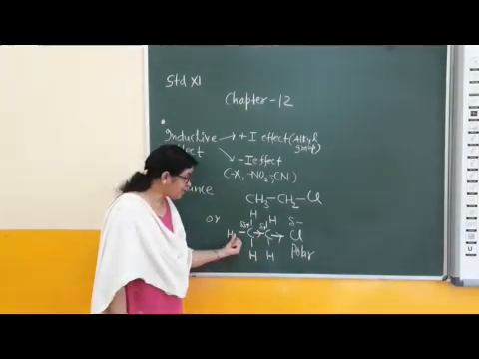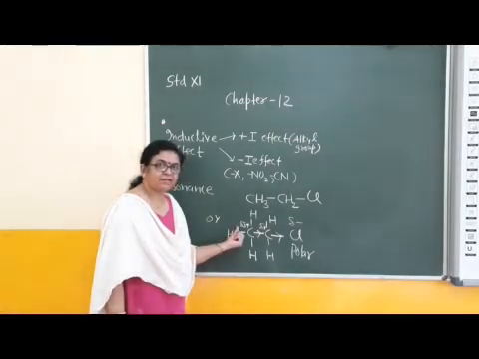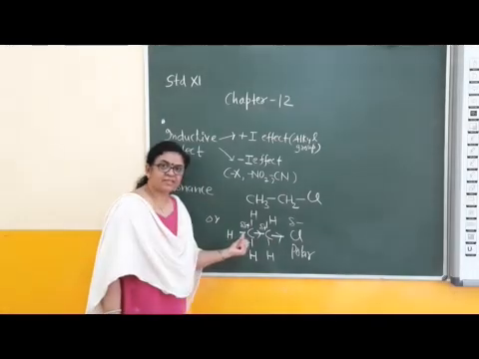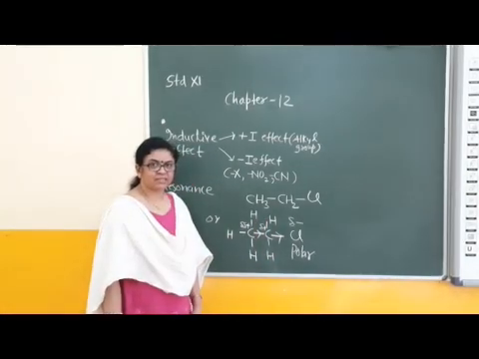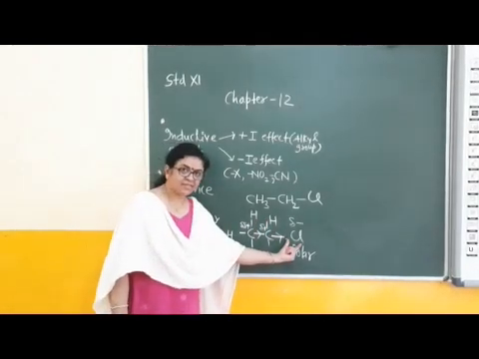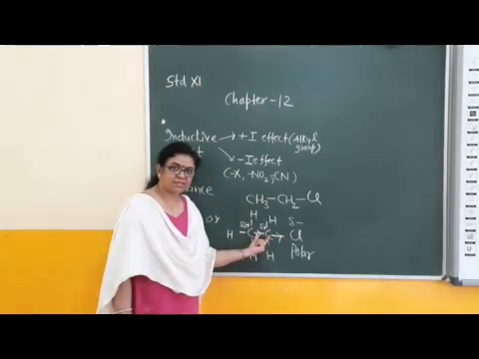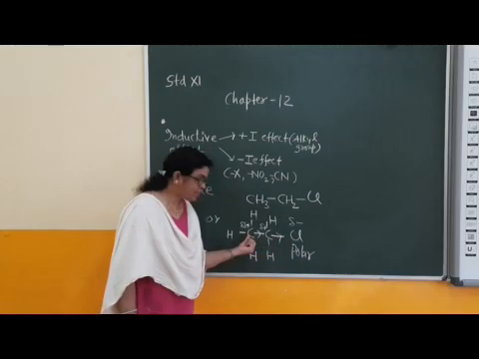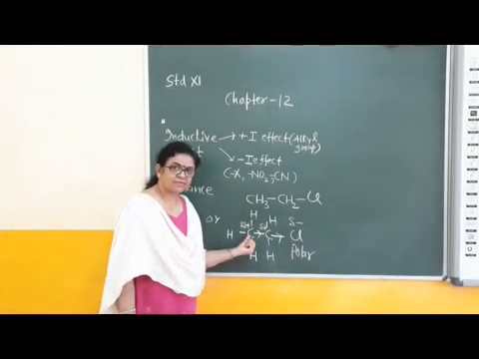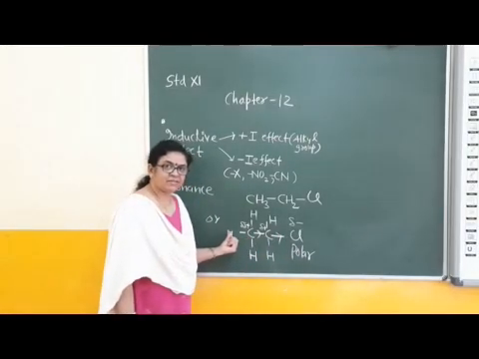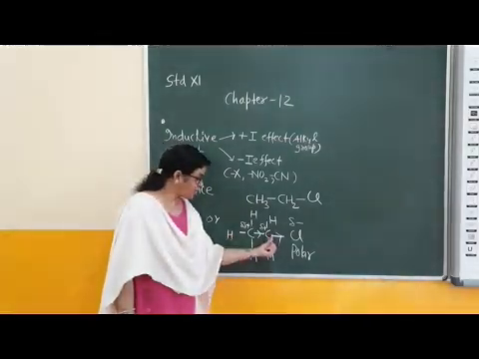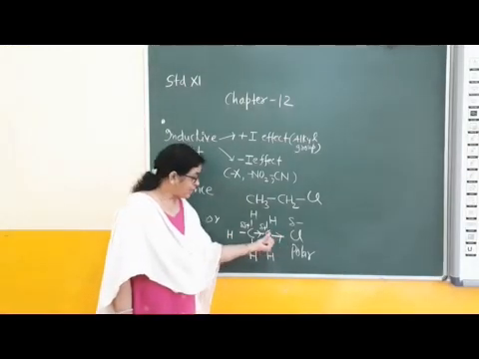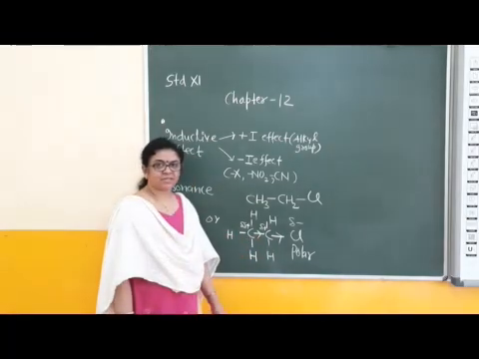If a third carbon is present, then the effect is even smaller. Increasing distance decreases the effect of this polarity. Most electronegative is this and most electropositive is this, right? In comparison, this carbon is less electropositive, and then the third carbon least. This is the effect of polarity of the carbon halogen bond on adjacent carbon atoms.